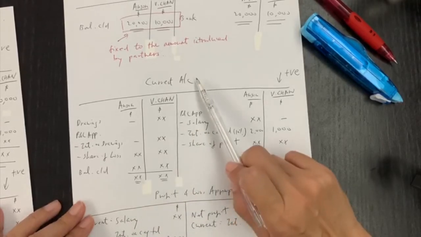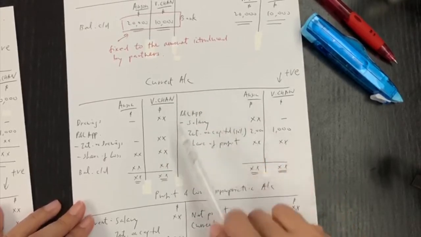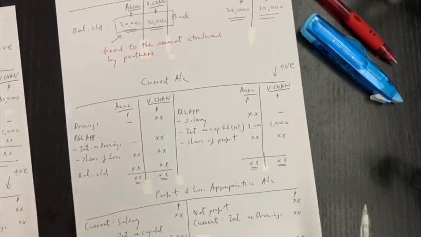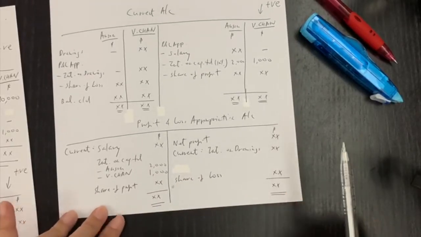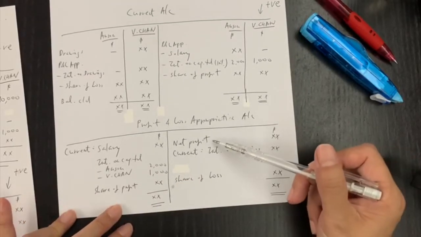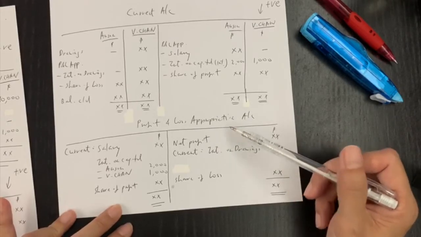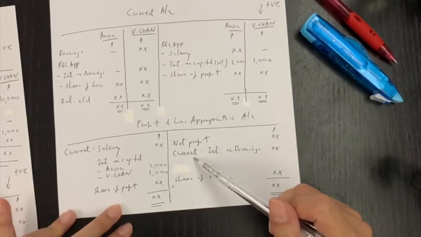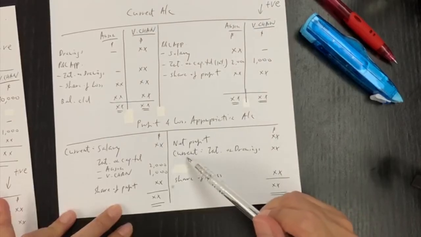All right, don't worry too much about this, because later on, maybe in lesson 3, I will show you the statement of financial position of a partnership. So finally, this is the profit and loss appropriation account. The net profit is the same as before, and since the partnership is going to earn interest on drawings, this is the positive side, but this time it is not the capital account that you credit. However, it is the current account.